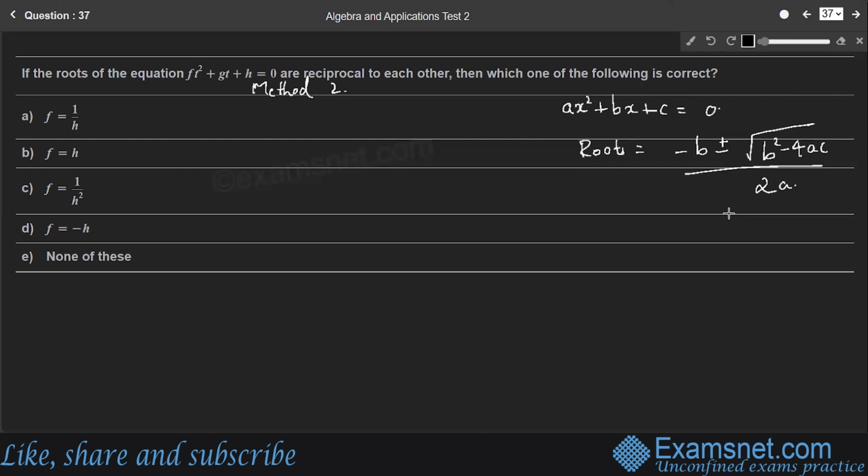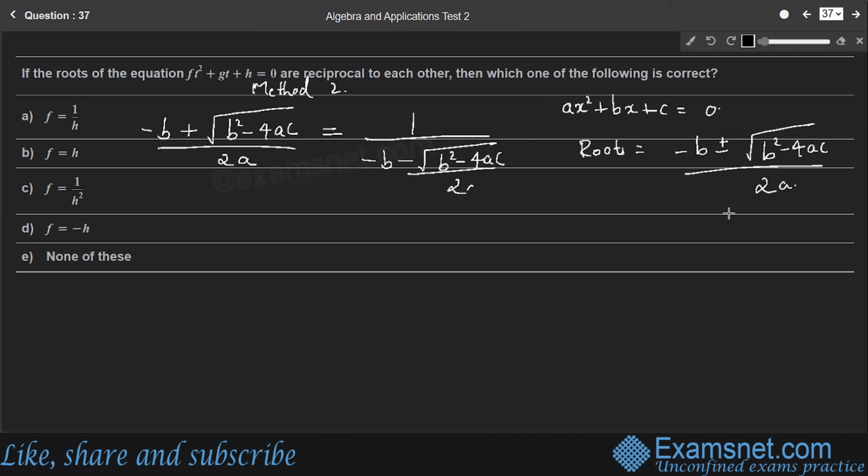Therefore, we can say minus b plus root of b square minus 4ac divided by 2a is equal to 1 by the other root, which is minus b minus root of b square minus 4ac divided by 2a. These two roots are reciprocal to each other, right? Here b is the coefficient of x, so in the given equation, a is equal to the coefficient of t square, which is f, b is equal to g, and c is equal to h.